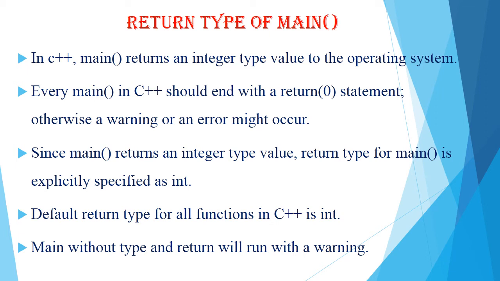Since the main function returns an integer type, the return type for main is also integer type. The default return type for all functions in C++ is int, that is integer. Main without type and return will run with a warning.